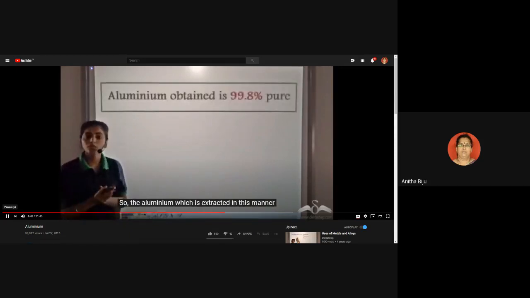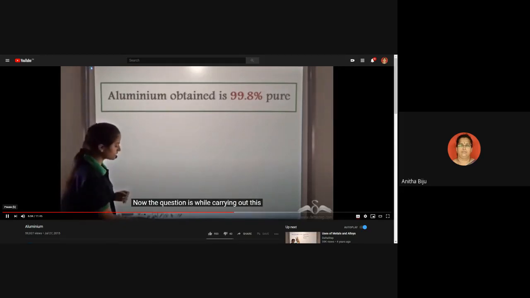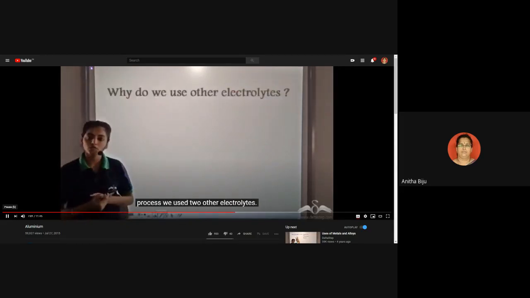So the aluminium which is extracted in this manner is 99.8% pure. So we do not have to further refine the metal, as by using the Hall-Heroult process, the aluminium which we get is 99.8% pure. Now the question is, while carrying out this process, we use 2 other electrolytes.